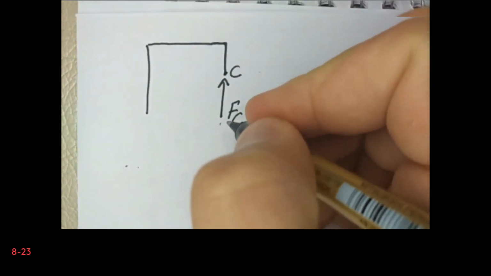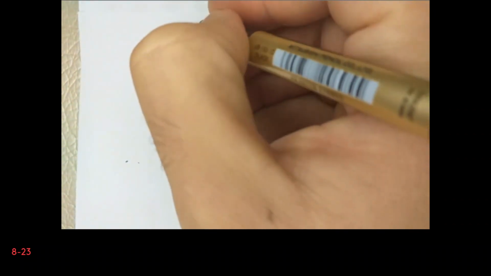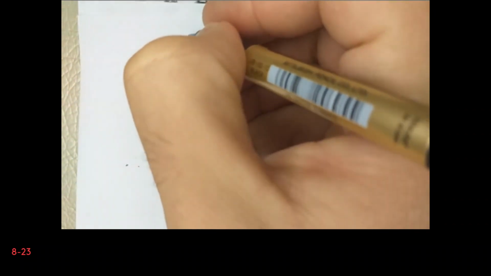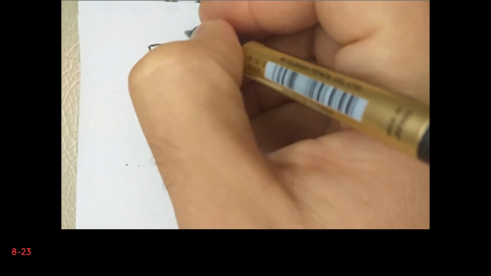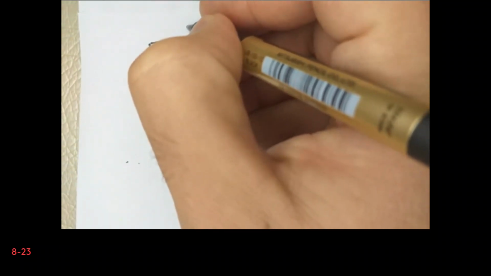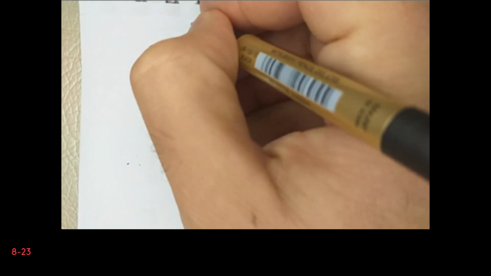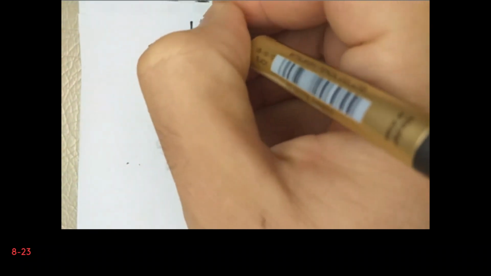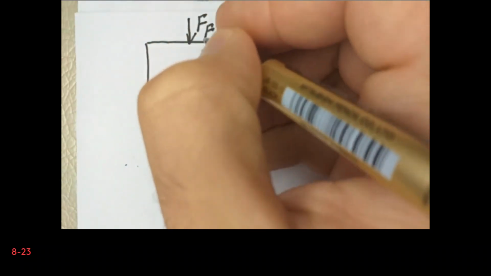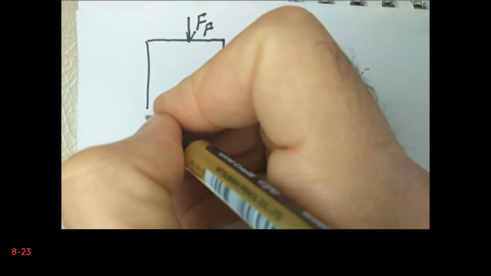Then we have a tensile force on the screw. Certainly the screw will tend to elongate. As a result, it will apply some force in this direction at point F, and I will call it FF. In fact, we have two forces at point A. We can choose their direction arbitrarily.